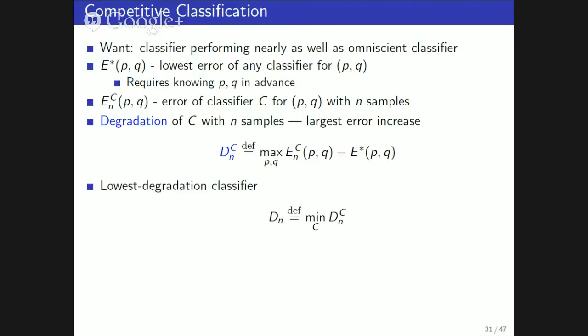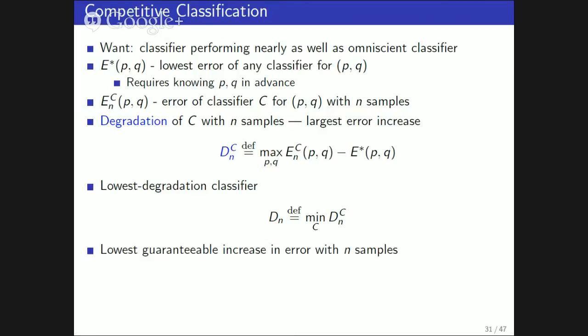So this is for your classifier C, and obviously you'll want to choose a classifier that has the minimum degradation. So we define Dn to be the minimum over all classifiers of the degradation. Someone had the best classifier possible, and that's Dn. So you have Dn of C because your classifier was something, and Dn is the degradation of the best classifier.